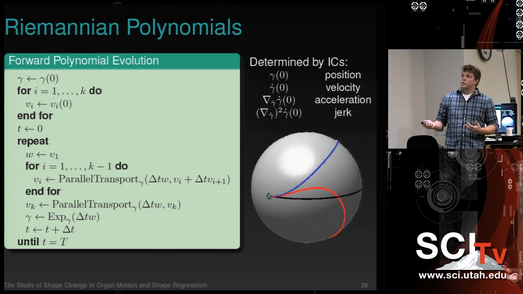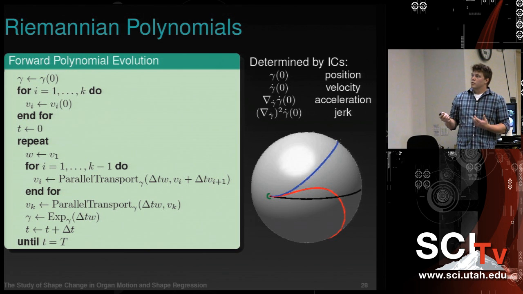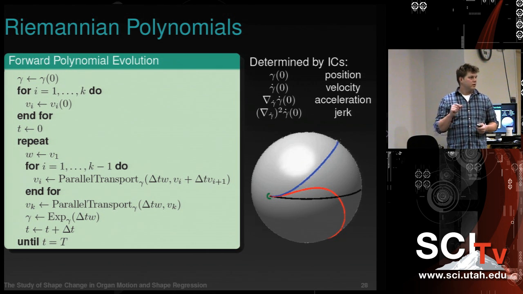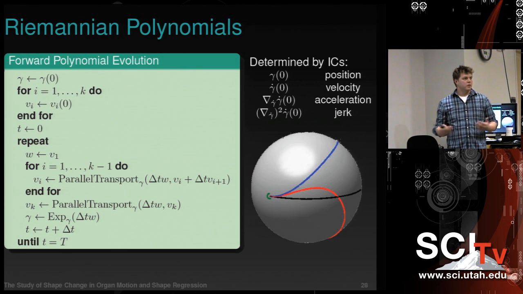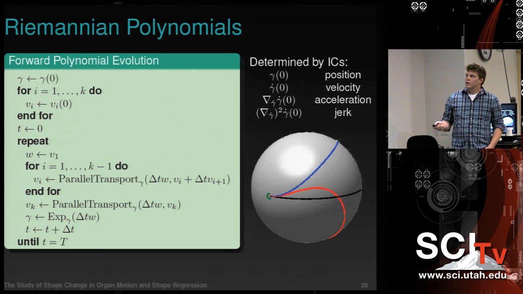So given that polynomial equation, we have an algorithm for integrating this with fine time steps. In general, we won't have a closed form solution for a k-order polynomial on a manifold. Even on the sphere, anything greater than k equals 1 does not have a closed form. So we'll integrate this, taking small steps and implementing parallel transport, which is just a way to move tangent vectors.